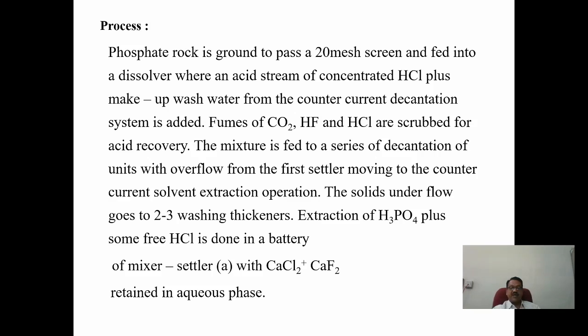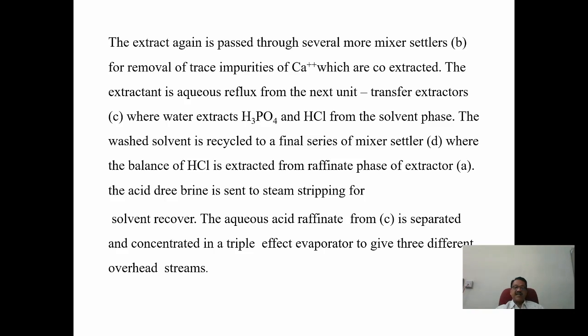The extraction of phosphoric acid plus some free hydrochloric acid is done in batteries of mixer settlers A in the aqueous phase. The extract is again passed through several mixer settlers B for the removal of calcium ions which are co-extracted. The aqueous reflux from the next unit is transferred to extractor C, where water extracts phosphoric acid from hydrochloric acid in the solvent phase.